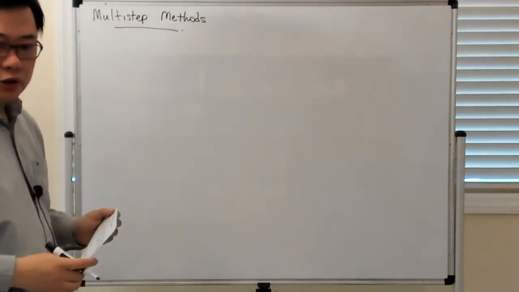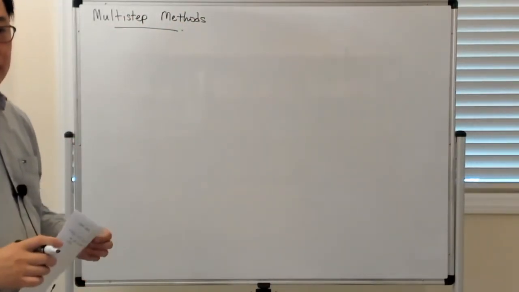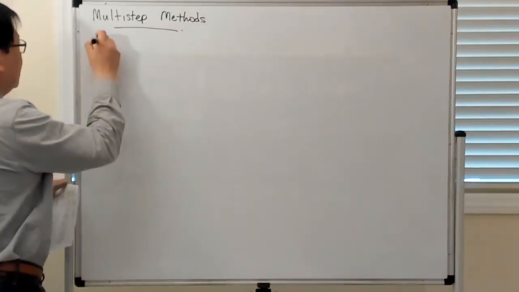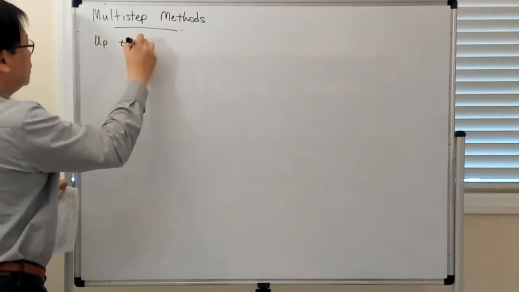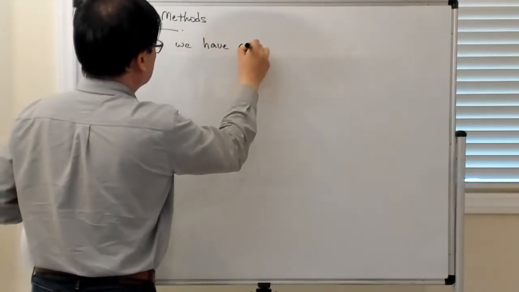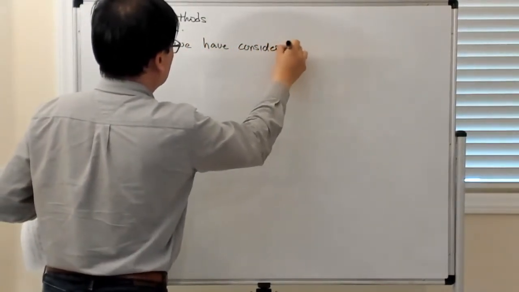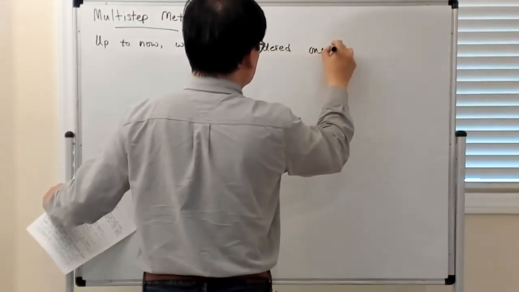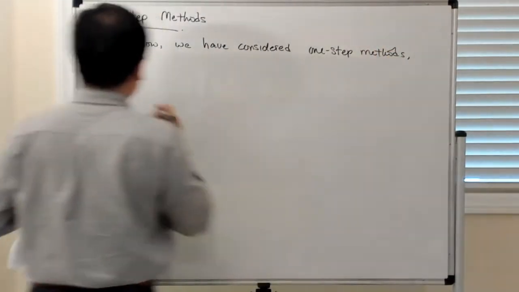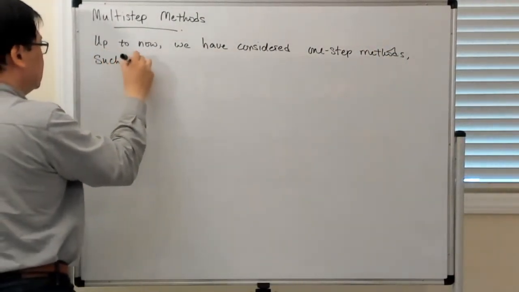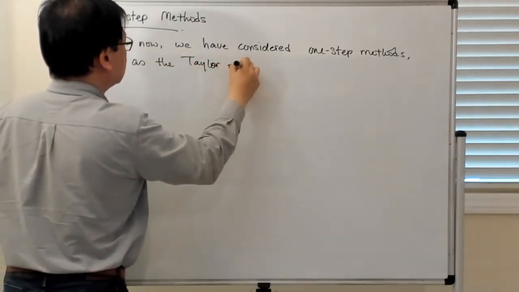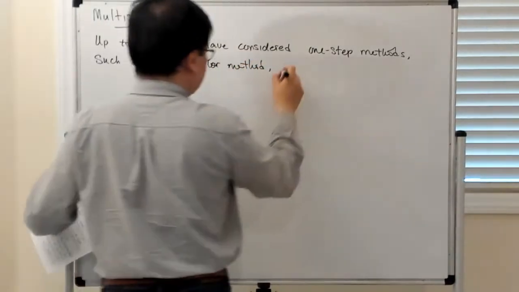And these are in contrast to the two classes of one-step methods which we studied, which are the Taylor method and the Runge-Kutta methods. So up to now, we have considered what are called one-step methods, such as the Taylor method and the Runge-Kutta methods.